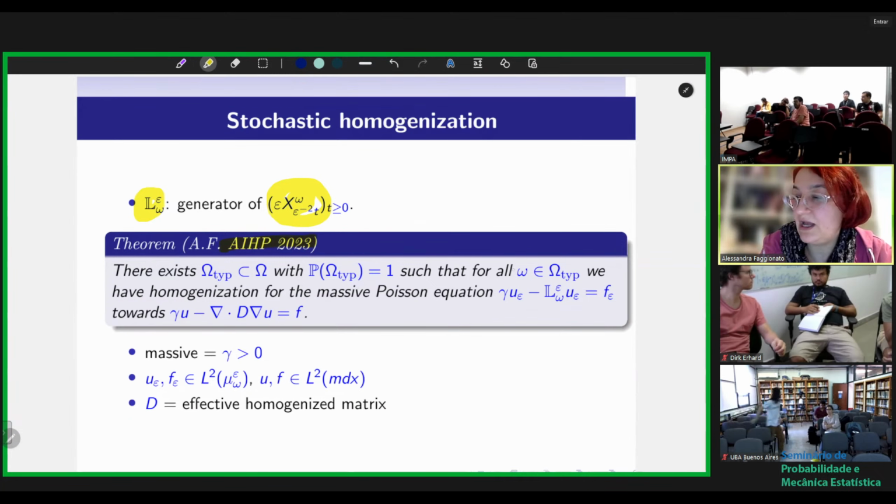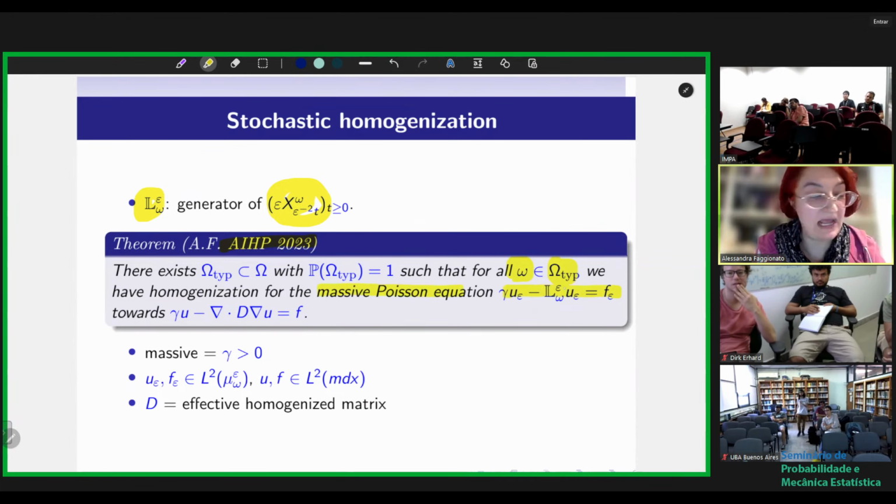So for each environment in a set of typical environments with probability 1, we have homogenization for the massive Poisson equation. So I consider the Poisson equation with gamma positive, gamma u epsilon minus L epsilon omega, the generator of the diffusively rescaled random walk, applied to u epsilon equal to f epsilon, towards the partial differential equation, gamma u minus divergence of D gradient of u equal to f.